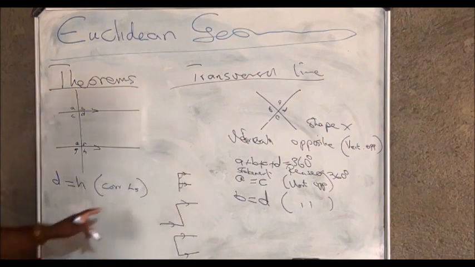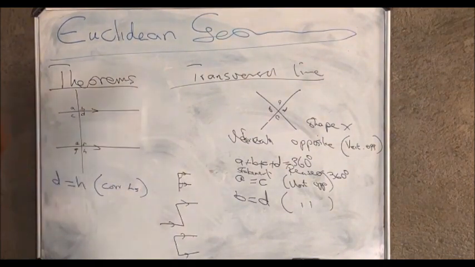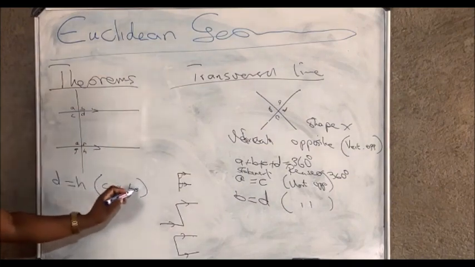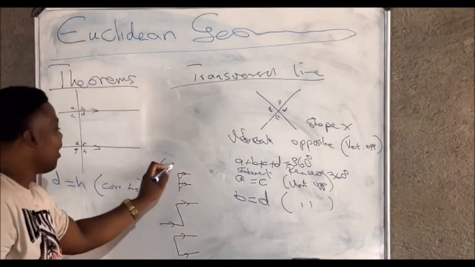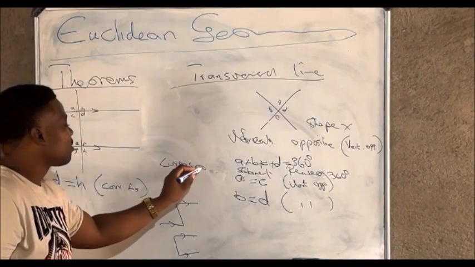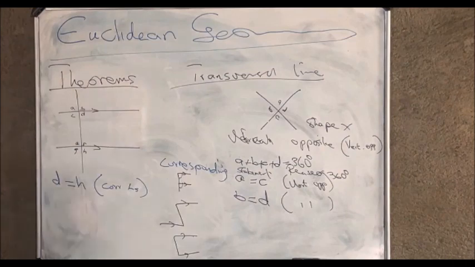Are we clear? The sign is not L, it is less than. Corresponding, so the two angles are equal by corresponding angles.